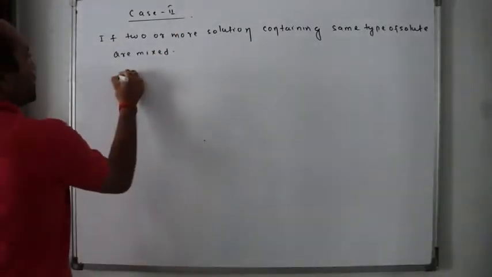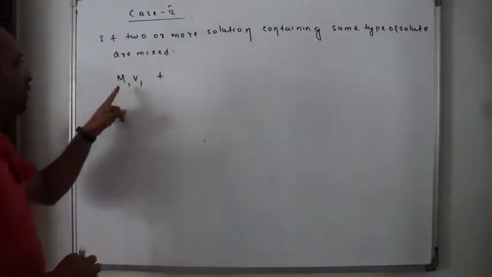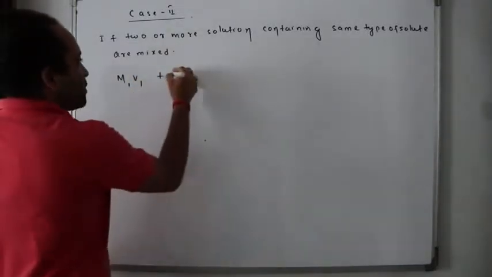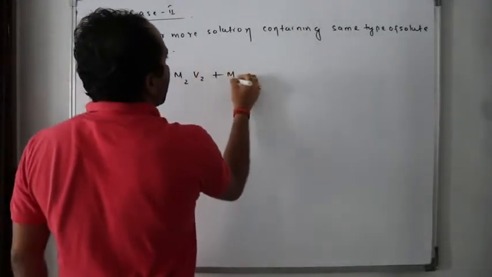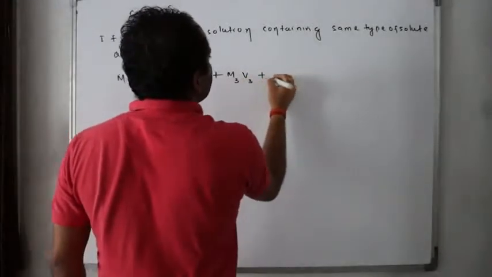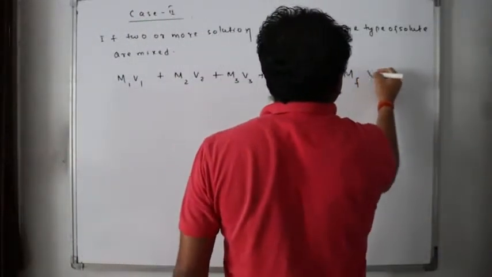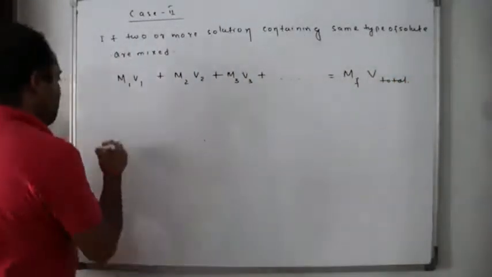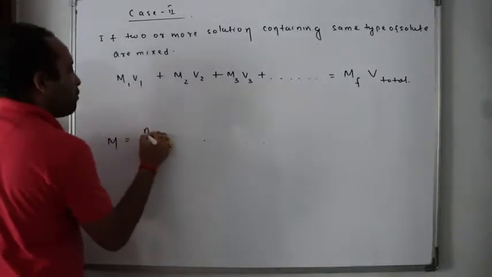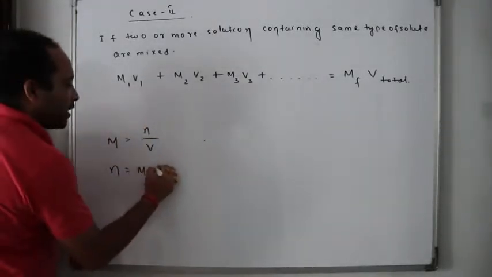what will happen? I said M1 V1, isn't it? Molarity of one solute, volume of that solute, plus M2 V2 plus M3 V3 plus so on, equals molarity final, volume total. Do you remember I discussed with you that molarity is number of moles by volume, or number of moles is equal to molarity into volume.